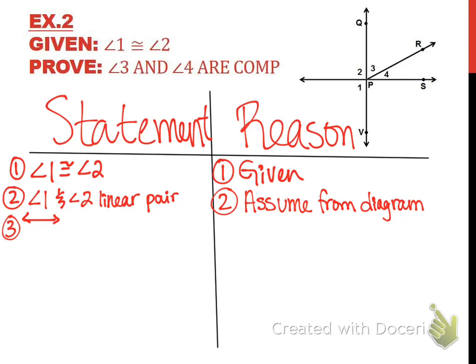So how many points do I need to name a line? 2. So what's one of my lines? Okay, you could call that QP is perpendicular to line SP, PS, something like that. If you were to call this QV, that would also be okay.